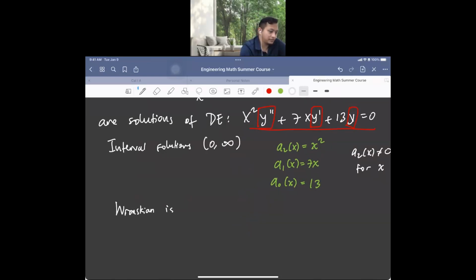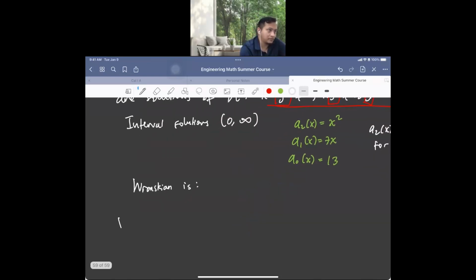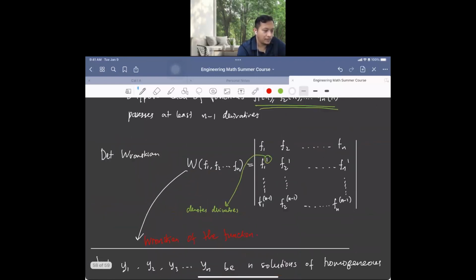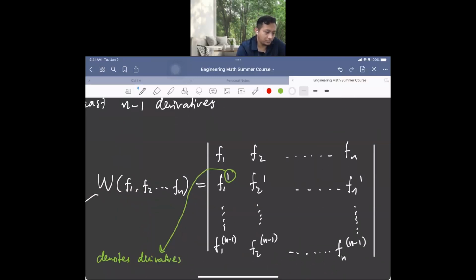So the Wronskian of y1(x), y2(x). Remember the Wronskian? It starts with the first one, the second one, and the second row here is the derivatives, and then more derivatives to come.